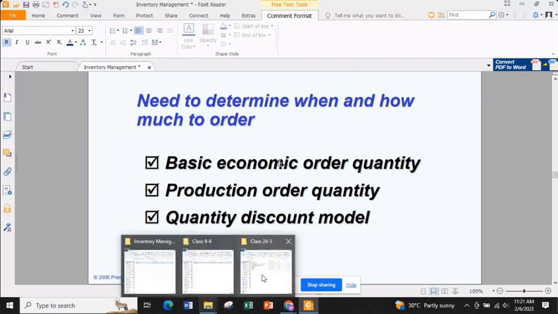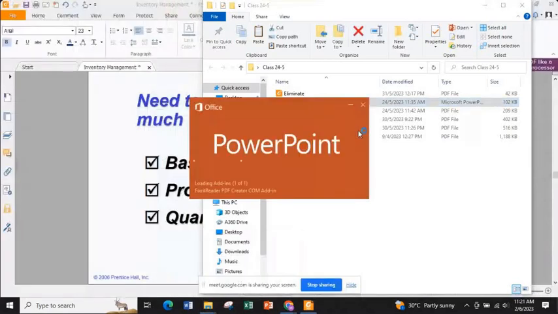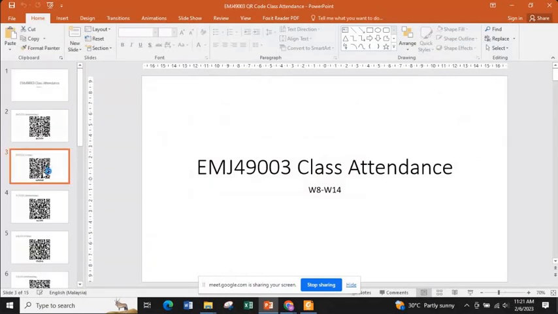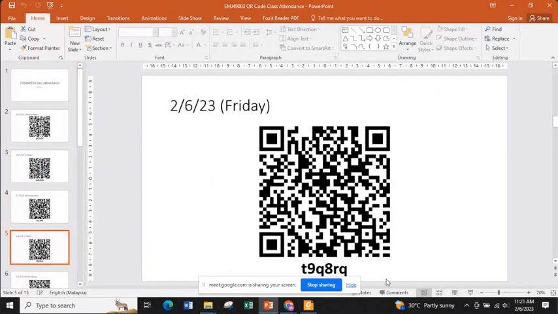If there is any question you can ask. I hope you can scan your attendance. Can you scan the QR?